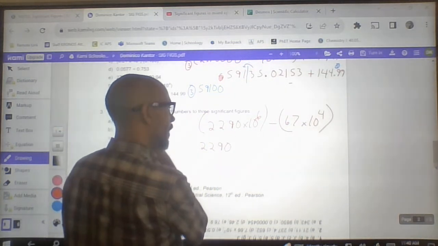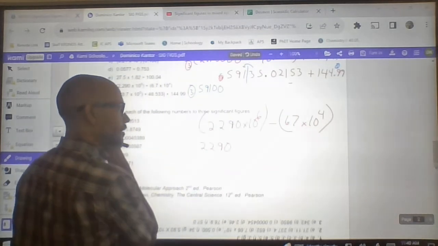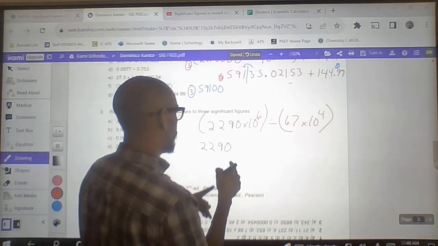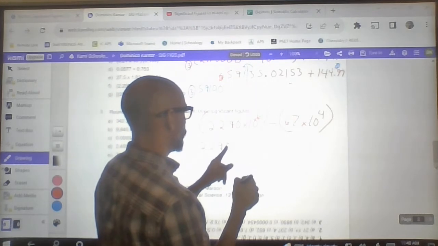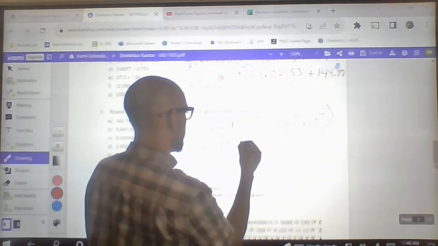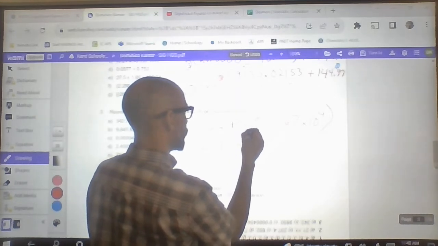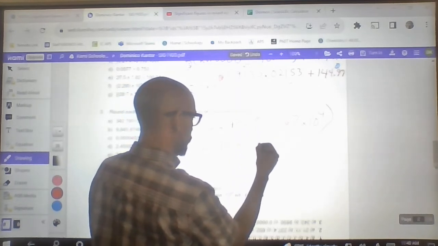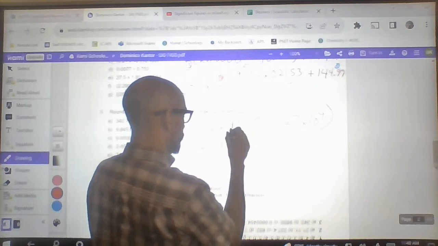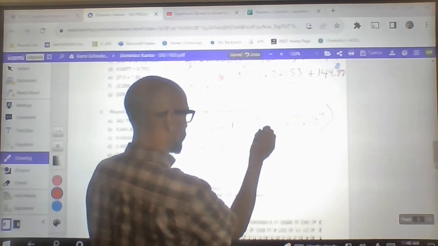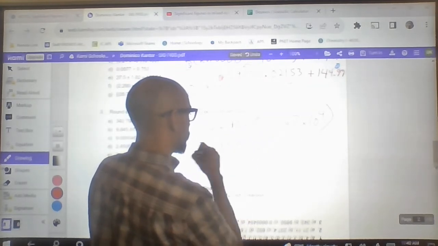2290, and this is 4 significant figures. So that would be 4, 5. That's right.